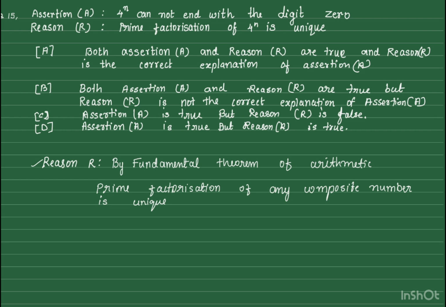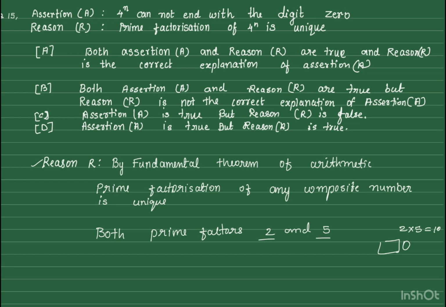For any number which ends with 0, its prime factorization must contain both the prime factors 2 and 5, so that 2 into 5 is equal to 10. So the number can end with the digit 0.